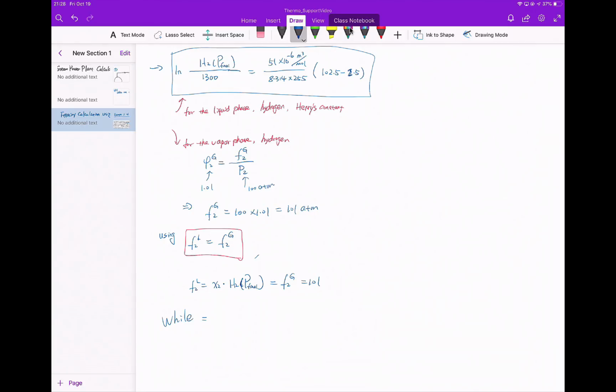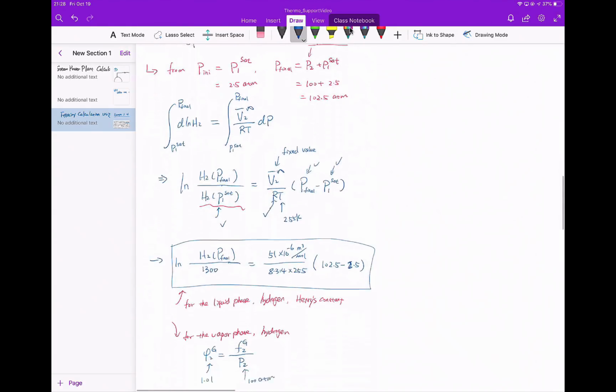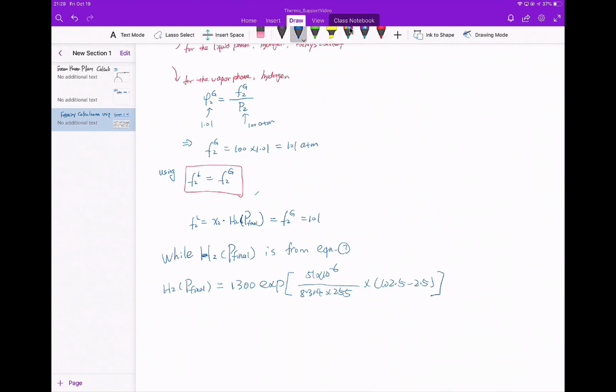While H2 at P final is from, let's call this equation 7, H2 at P final is the exp of this.